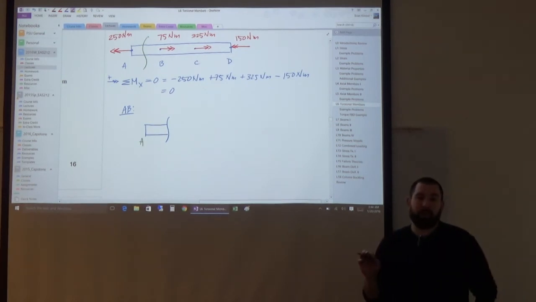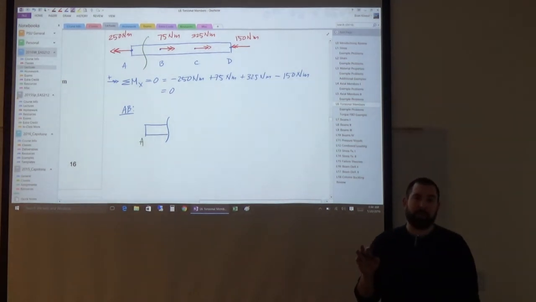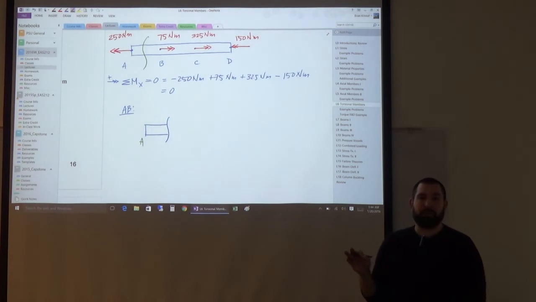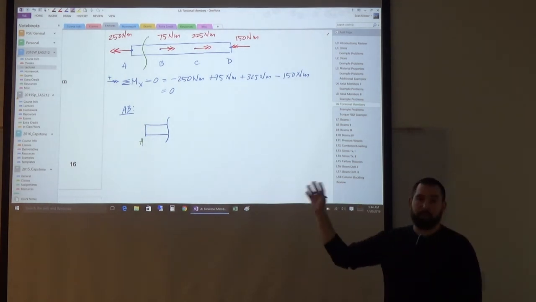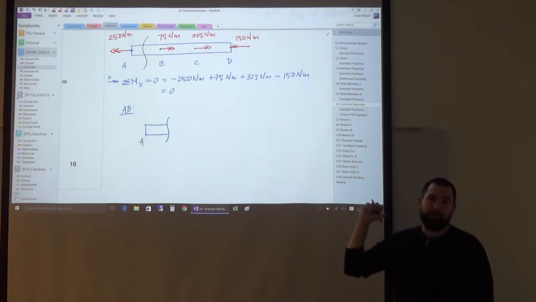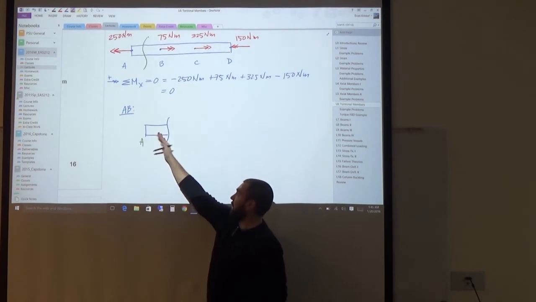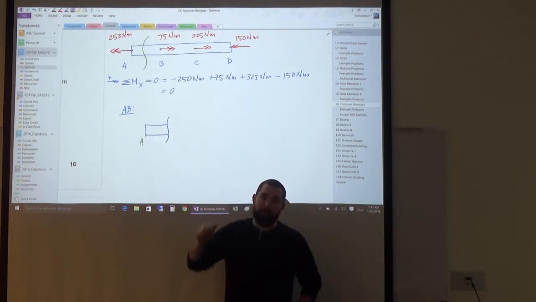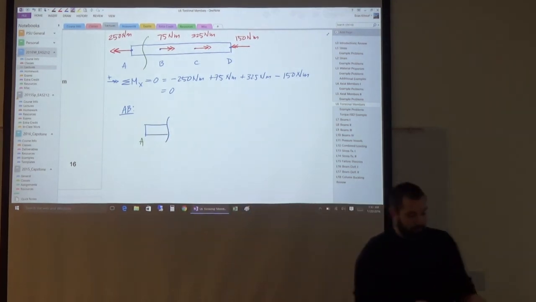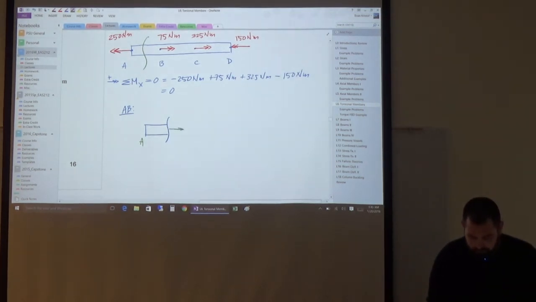Now my internal torque follows the same sign convention as an internal normal force in the sense that the assumed direction of the internal torque is always pointed away from the section cut. So here, the section cut and the remainder of the member is to the left, so my internal torque is pointed away. And so my internal torque, AB, looks like this, and I still need to draw my externally applied torques as well.